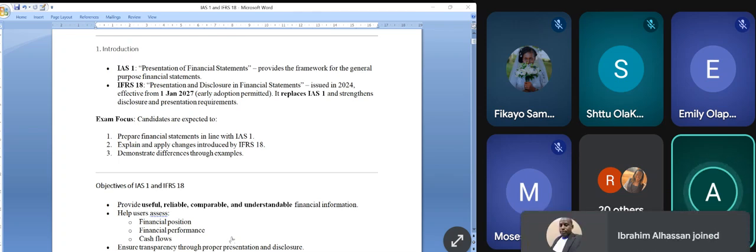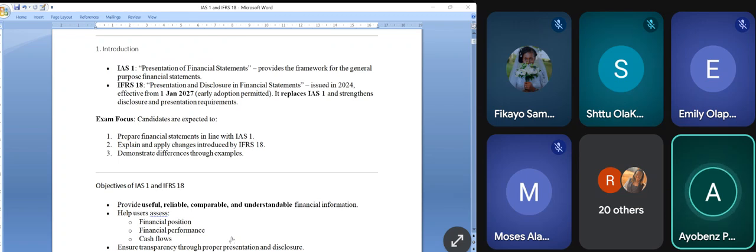And then we have the statement of policy, that's what I call it, which is also known as the notes to the accounts. So those are the 5 major statements that we have under IAS 1 and IFRS 18. Now let me tell you this. A lot of persons have been feeling that IFRS 18 is something bogus, very difficult and dangerous. Let me tell you for a fact, there is nothing in IFRS 18.